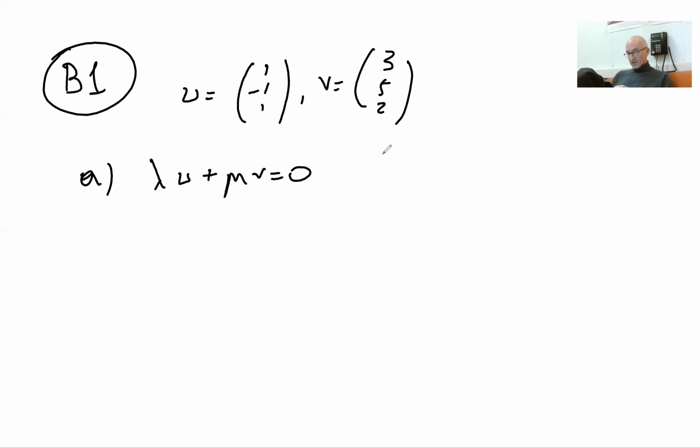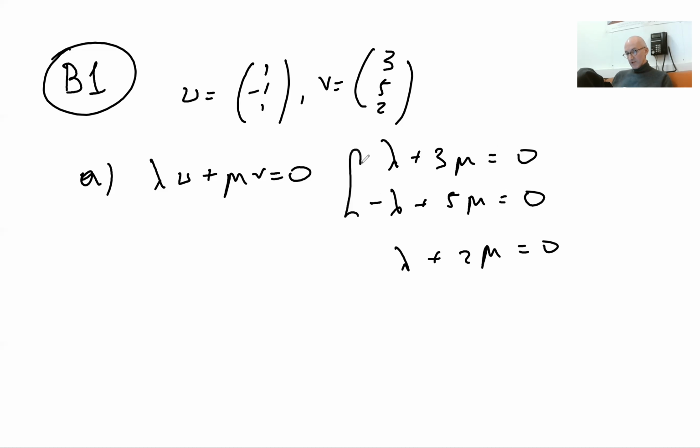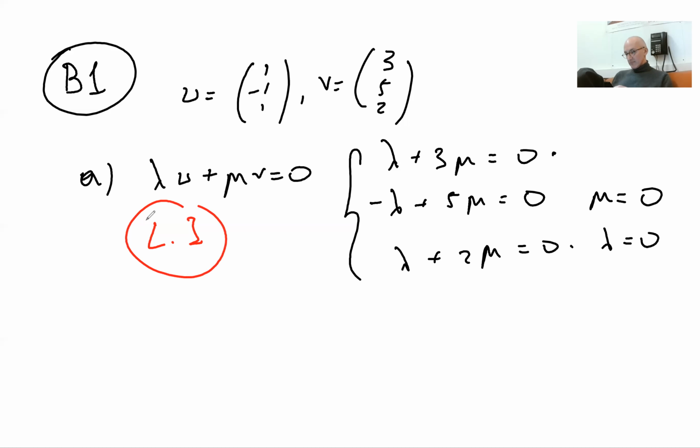This gives us equations: lambda plus 3 mu is 0, minus lambda plus 5 mu is 0, lambda plus 2 mu is 0. For example, subtracting this equation from this equation, we get mu is 0, and substituting mu here, you get lambda is 0. So they're linearly independent.